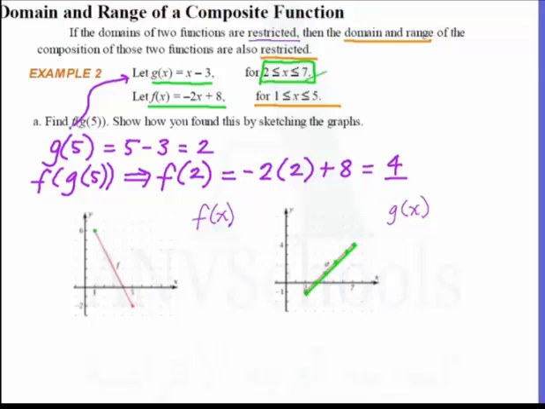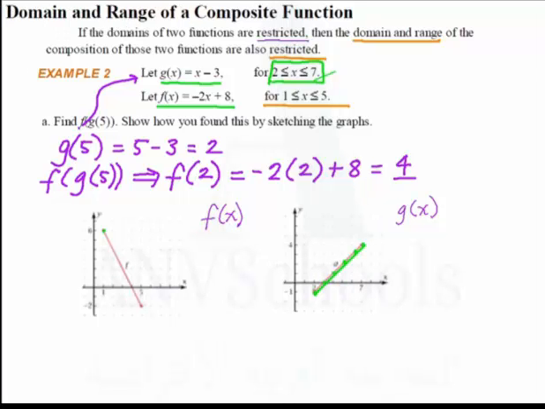Now let's take a look at our f of x. If our x is equal to 1, our f of x would be negative 2 times 1 plus 8. That would be 6. That's why we have here 1 and 6.